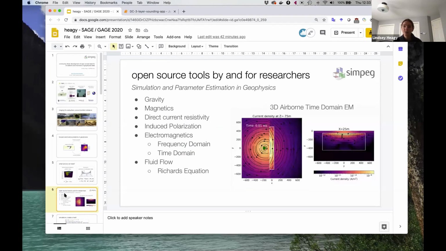ObsPy, for example, does a lot of work in global seismology. And if you had a use case where you were interested in combining some of that capability with SimPEG, that would be one I'd be very keen to find out about and see if there's something that we could support you with.